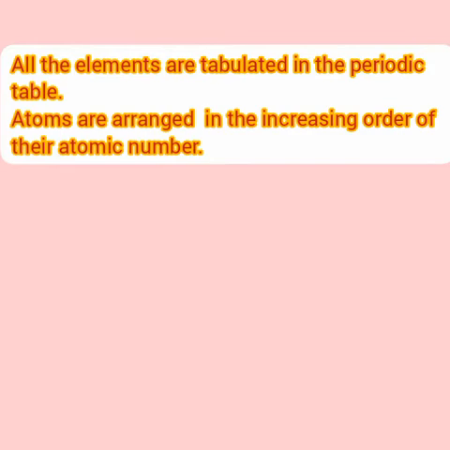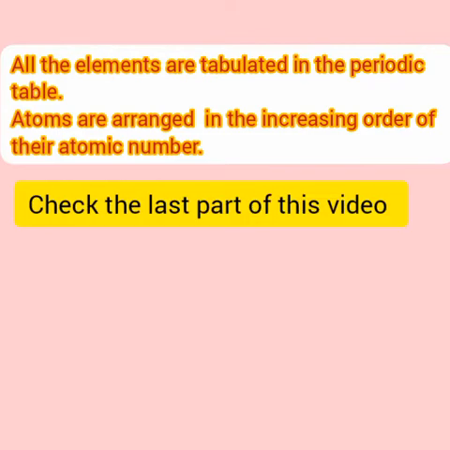The next important point you have to learn by heart: the atoms are arranged in the increasing order of their atomic number. Very, very important point. Not by the number of neutrons, not by the number of electrons, but according to the increasing order of their atomic number.